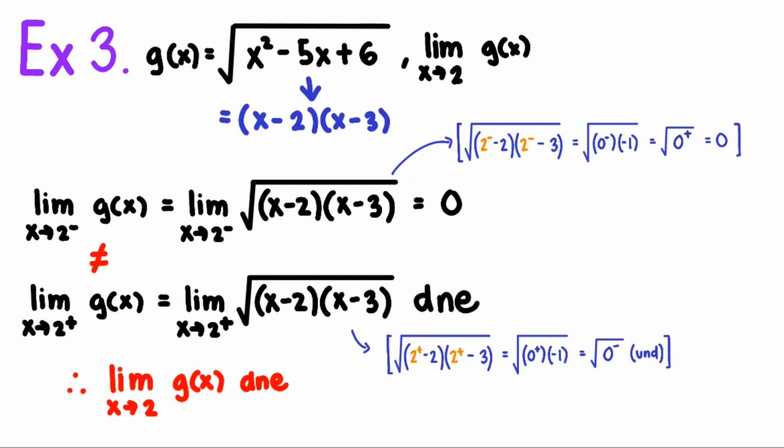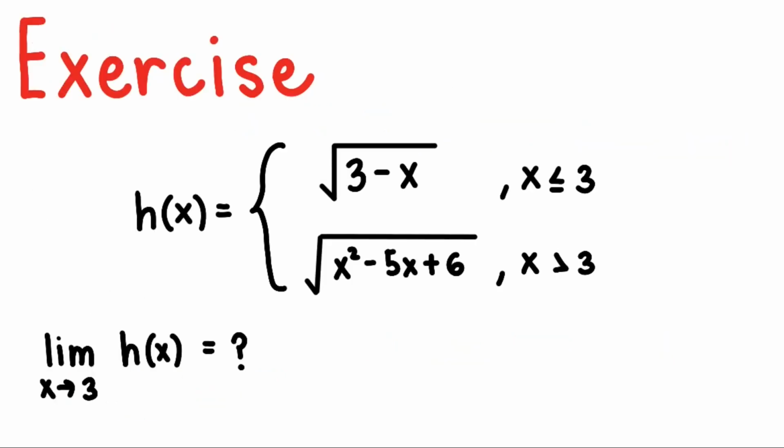And so those are our examples on dealing with the limits of radical functions. To formally end this, here's an exercise that you may work on. From here, we have a piecewise function with two radicals in it.